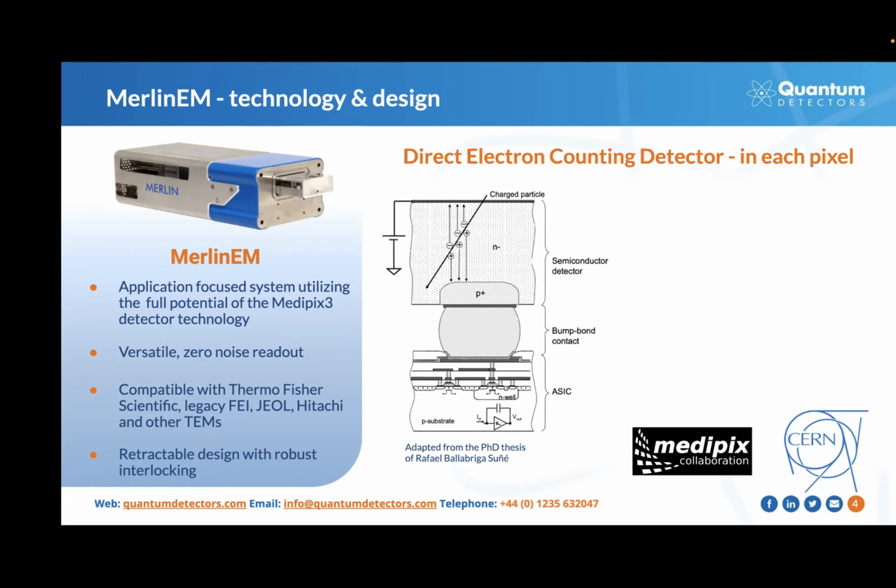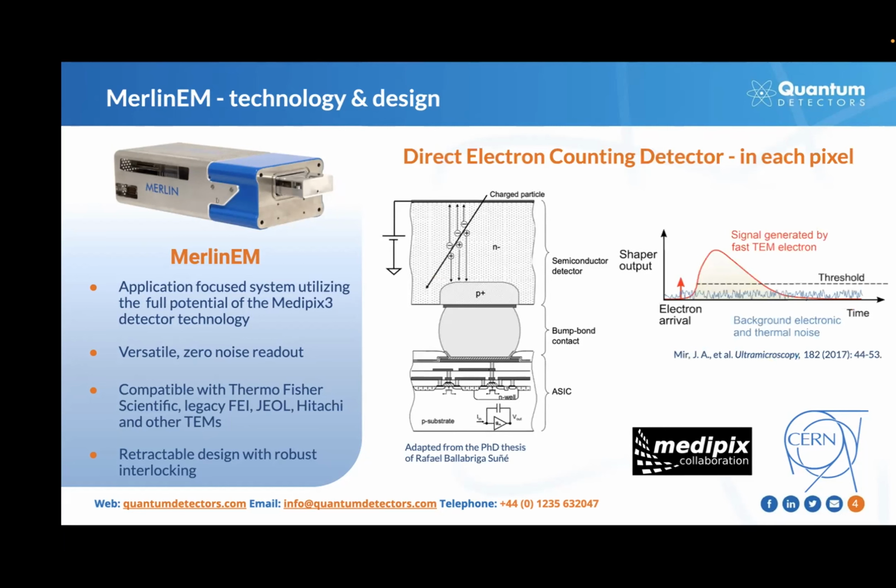And the key ability of MerlinEM is that the electrons are counted by advanced analog to digital circuitry in each pixel. This means that any subsequent process is digitized, which has advantageous implications, because energy deposited by each electron is recognized against a user-definable threshold, and the electron is only counted if enough energy has been deposited.